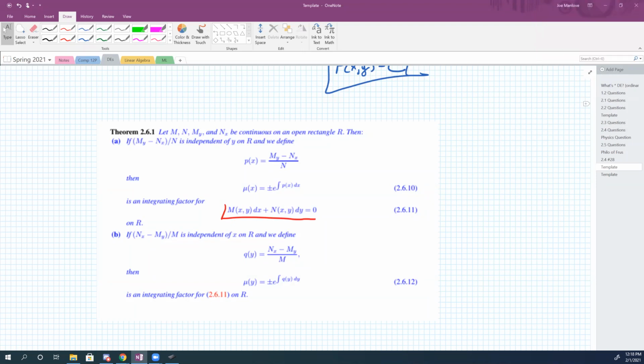I think I see it now, because I just realized it's because, for instance, for A, you would set Q of y equal to 0, or define it as 0, and then solve for P. Oh, I see.